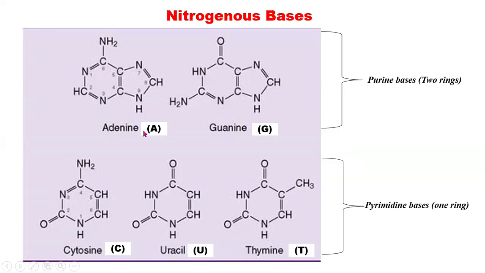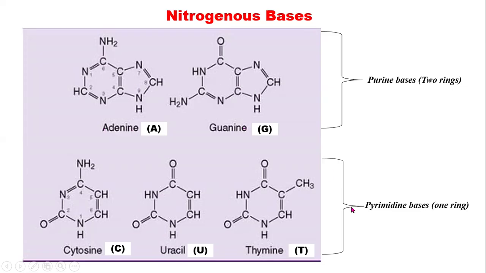We have adenine, which is represented as A, and guanine, which is represented as G. These letters A, G, C, U, T are the ones you will be encountering in nucleic acids, because it's going to be too cumbersome to be writing the full names. So adenine and guanine have two rings, and they are members of the purine bases.